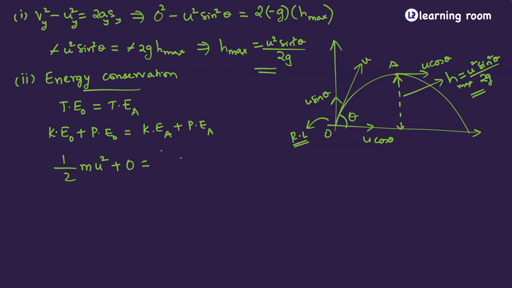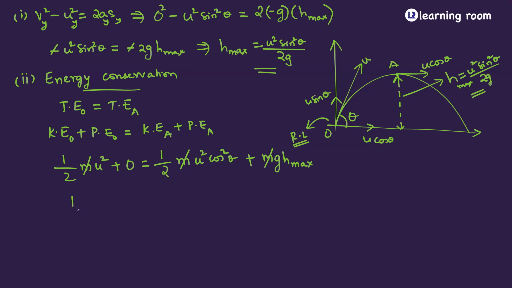So can I write this as equal to half m, since this is the only velocity existing, half m u square, so that is going to be u square cos square theta. Make sense? Plus, what is the potential energy at point A? It is going to be mg into h max. So what gets cancelled? m is gone.